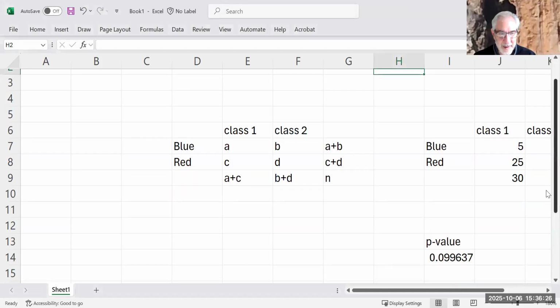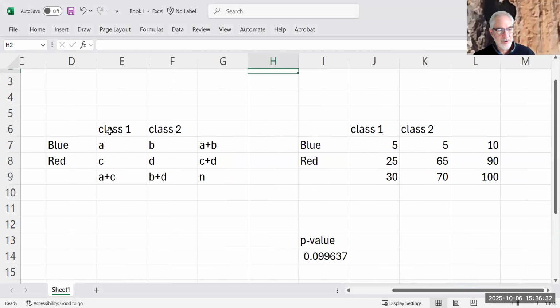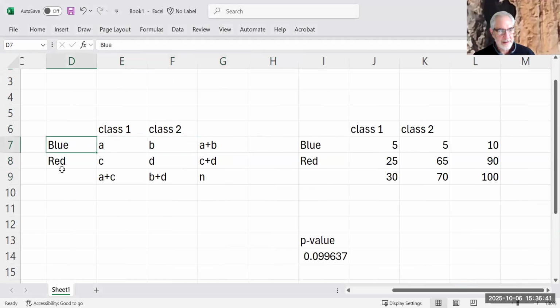So we went through a little bit of an example here, and we laid out a contingency table. That's kind of what I have here. We have two different categories, blue and red, and two different categories, class 1 and class 2.